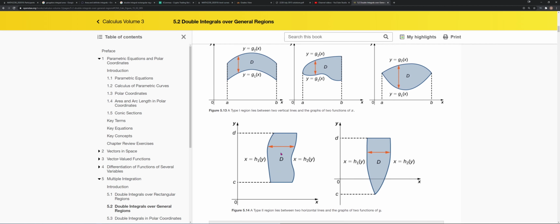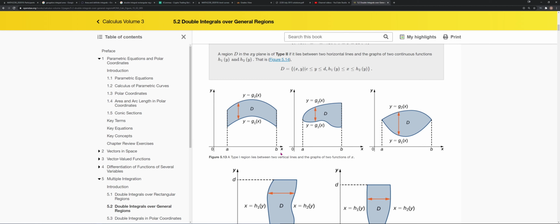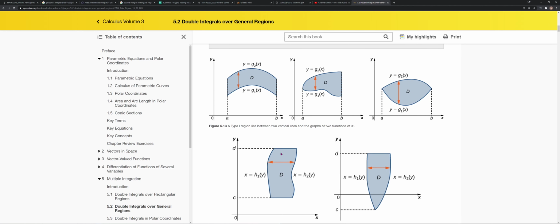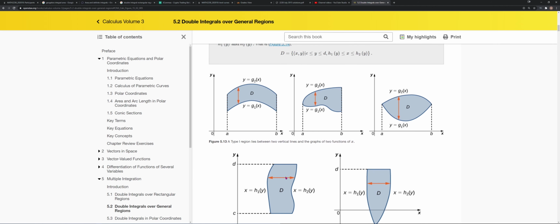Now, for type 2, a region is type 2 if it is lying between two horizontal lines, y equals c and y equals d, as this region does. And then the x values lie between two functions of the form x equals h2 of y and x equals h1 of y.